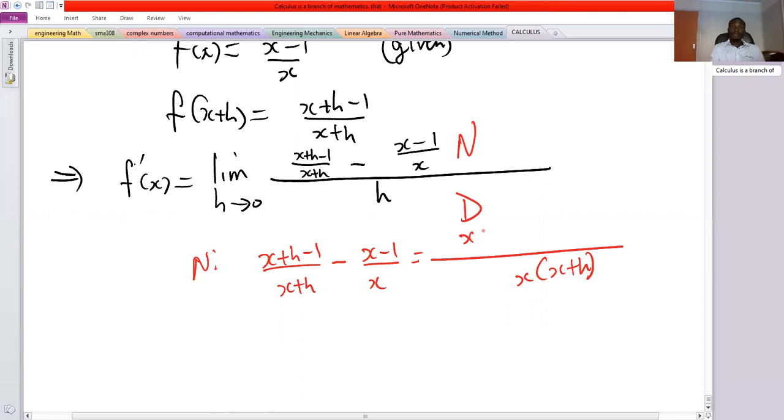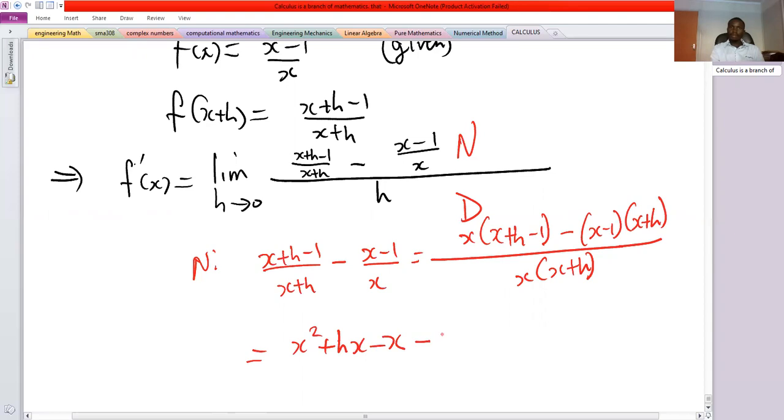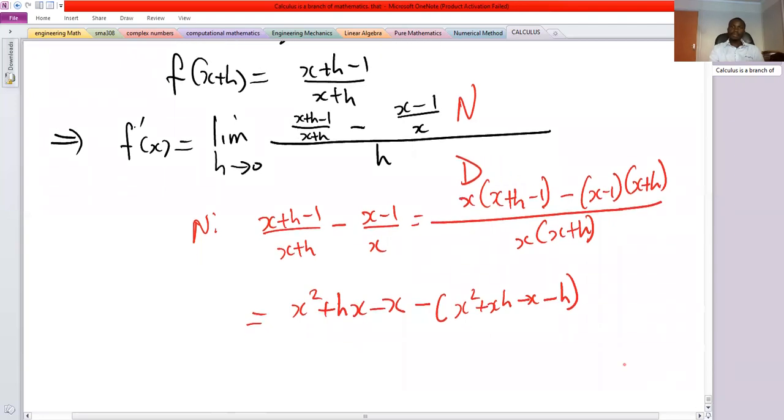So we'll have x times x plus h minus 1, minus x minus 1 times x plus h. So that will be x squared plus hx minus x, minus x squared plus xh minus x minus h, and then divided by x times x plus h.